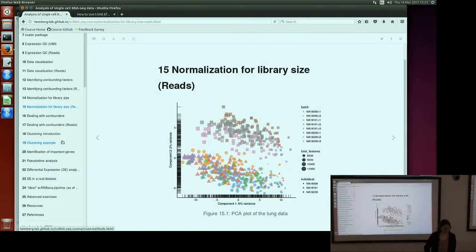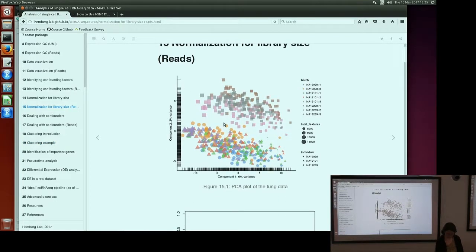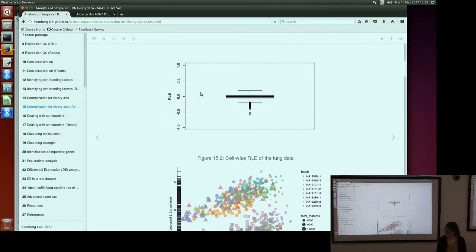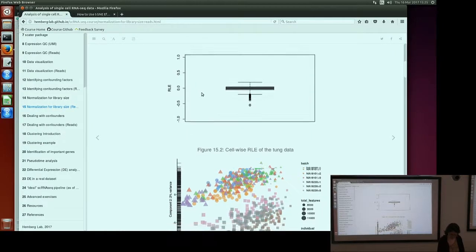Okay, so now we're going to take up the normalization of reads exercise. Again, we have the raw PCA plot, which doesn't look particularly good, and again, a fairly wide RLE distribution.